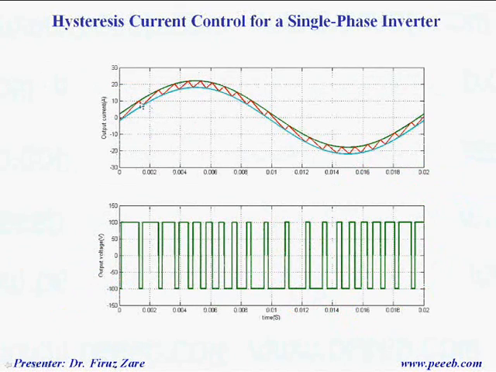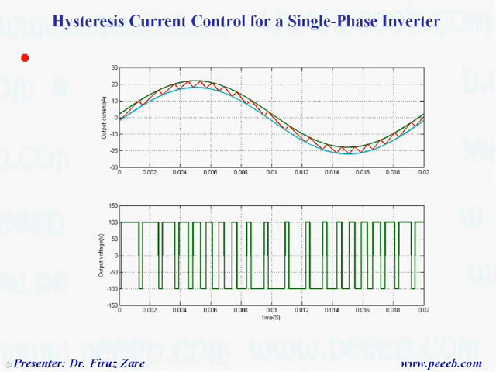So now let's look at the output current and output voltage for hysteresis current control based on bipolar modulation. The reason that we use bipolar is that it's very simple, because in bipolar we have two switching states, which are basically 1 0 and 0 1, which generate positive and negative voltages across the load, and that corresponds to positive di/dt and negative di/dt.